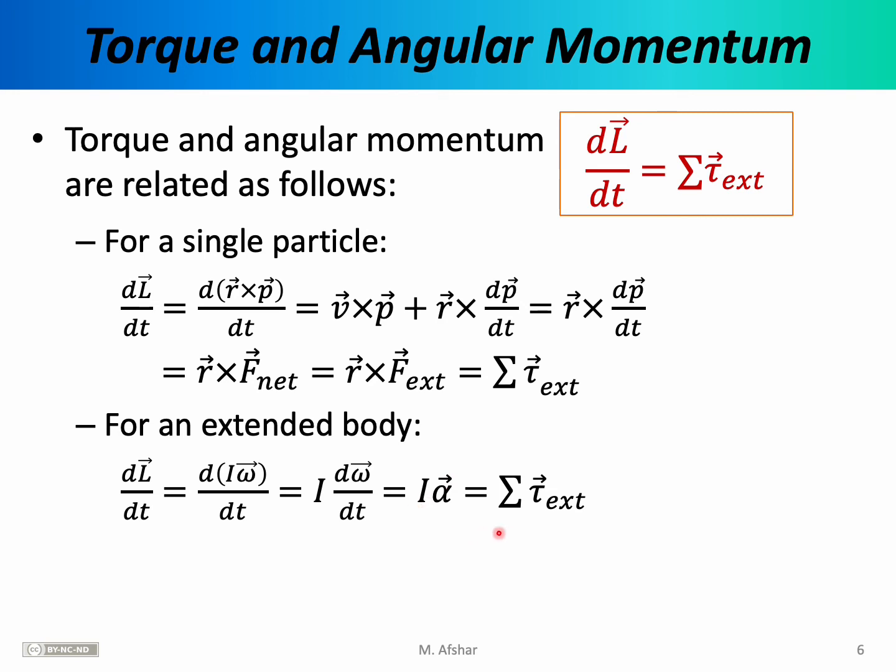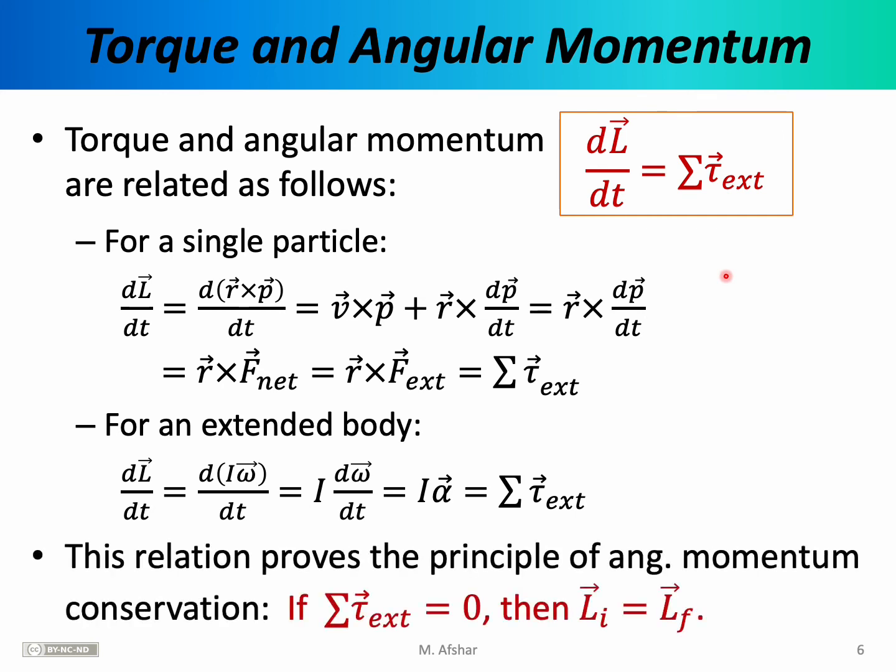I alpha, thanks to the angular version of Newton's second law of motion, is simply the net external torque. So whether you're talking about a single particle or an extended body, there's a nice connection between angular momentum and torque. We did not prove the principle of angular momentum conservation, but now that we have this expression, you can see where it comes from.